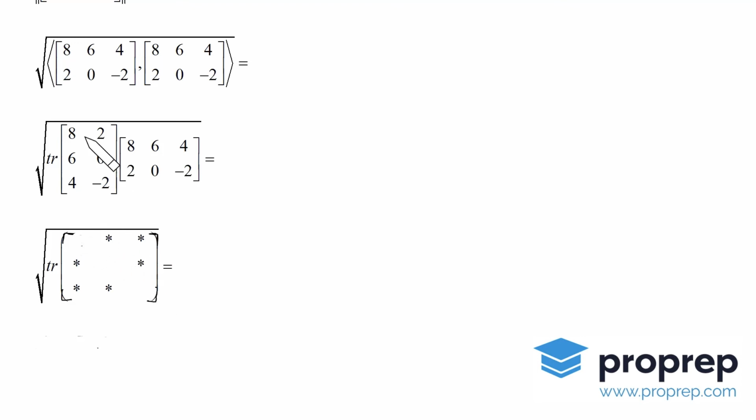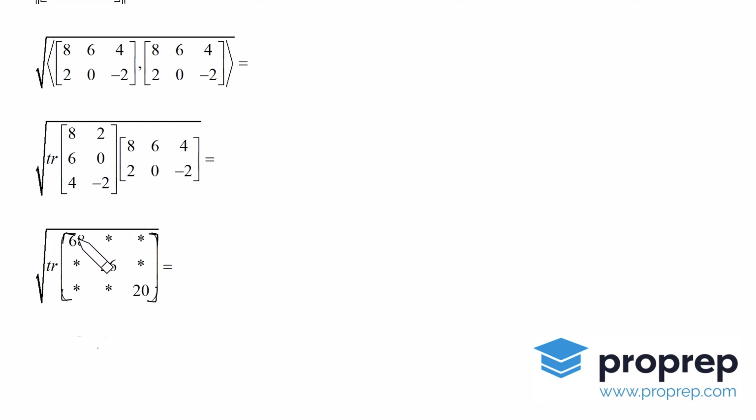So here we multiply the 8, -2 by 8, -2. So it's 8 times 8 is 64 plus 4, and that makes it 68. Then 6, 0 with 6, 0 gives 36. And then 4, -2 with 4, -2, so it's 16 plus 4, which is 20.